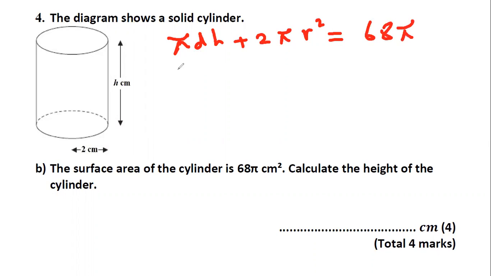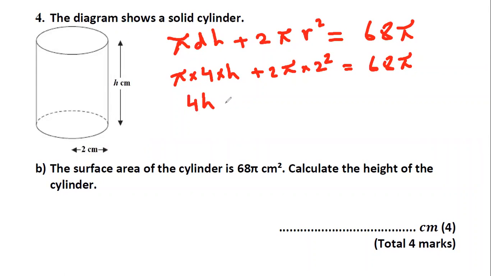So if I substitute the values in, pi times 4 times h plus 2 times pi times r squared, which is 2 squared, and that equals 68 pi. This will give me 4h pi plus 4, 2 squared is 4, 4 times 2 is 8, 8 pi.